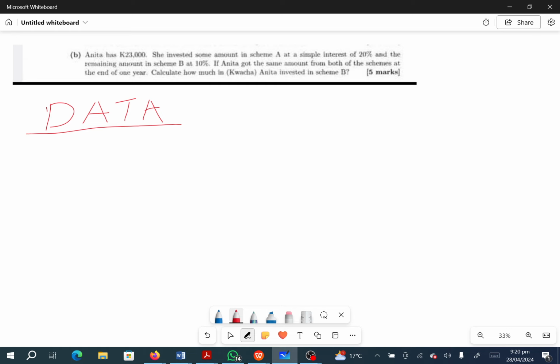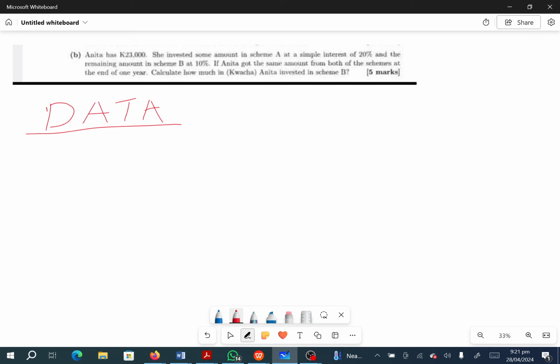Then she decided to invest in two schemes. So one scheme was given an interest of 20% of the total investment amount. Then the other scheme, which is scheme B, was also given an interest, which was much lesser, and this was 10%.